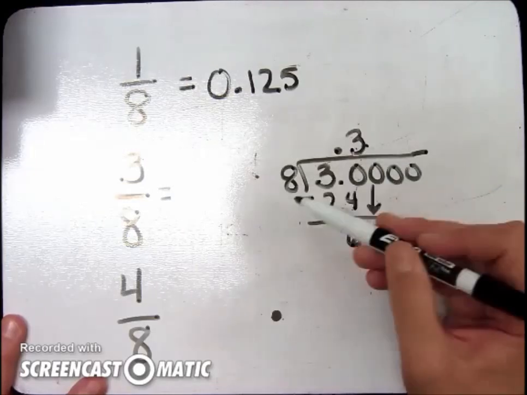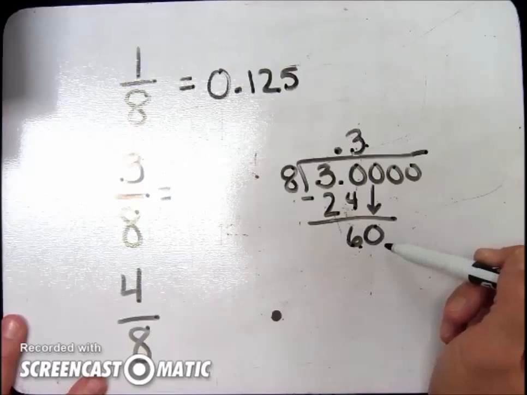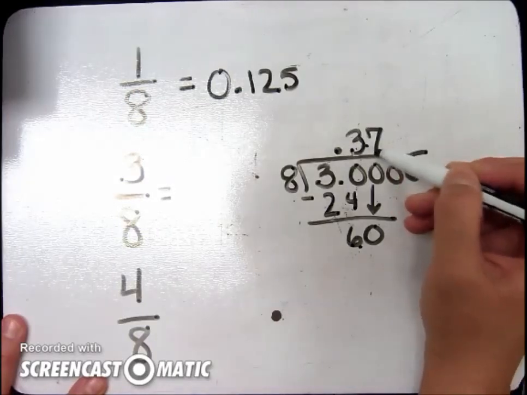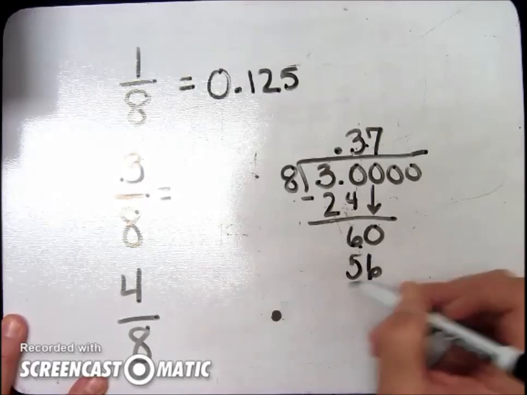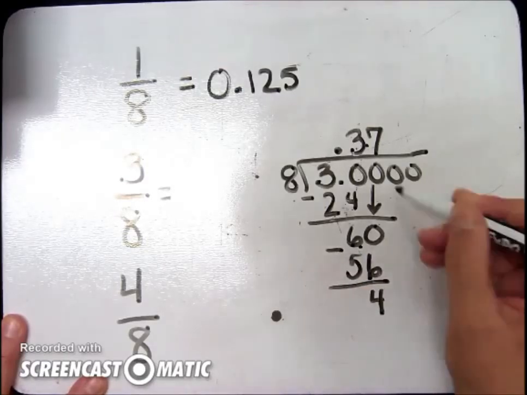That's good. 8 times something is close to 60. Well, let me think. 8 times 5 is 40. 8 times 6 is 48, so that's not it. 8 times 7 is 56. Subtract, and I get 4 again.